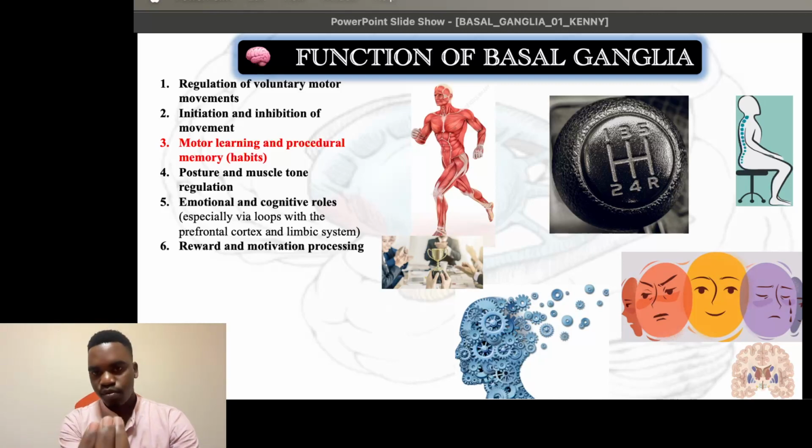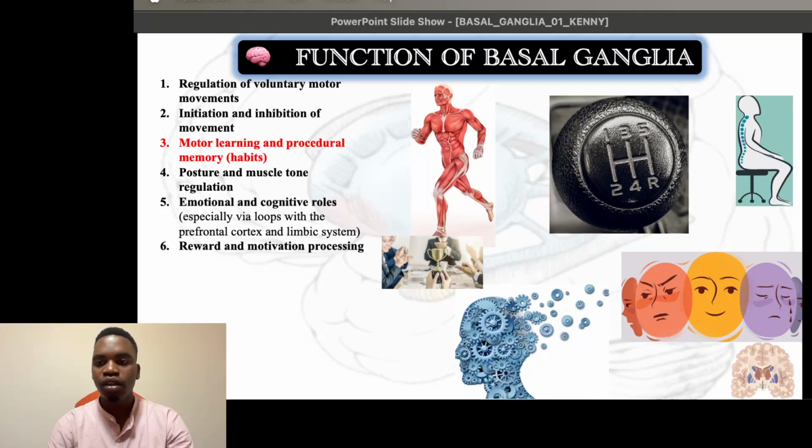And this explains why some drivers, like semi-trailer drivers, sometimes even fall asleep while they're driving, but when it comes to the time to change gear from number 2 to number 3, for example, they do that without even waking. So that is what we call the procedural memory.